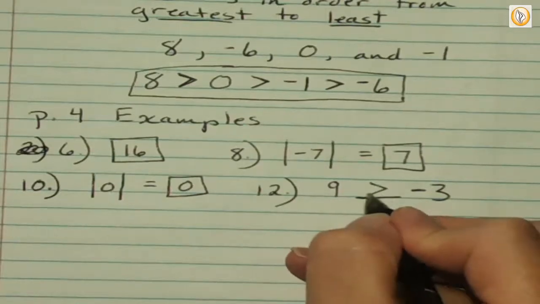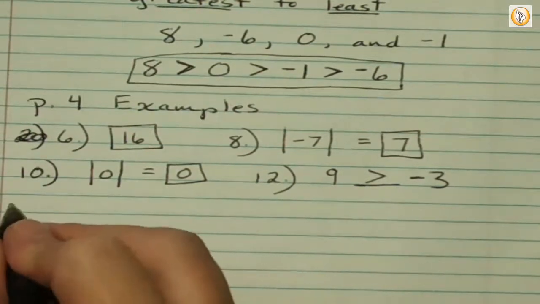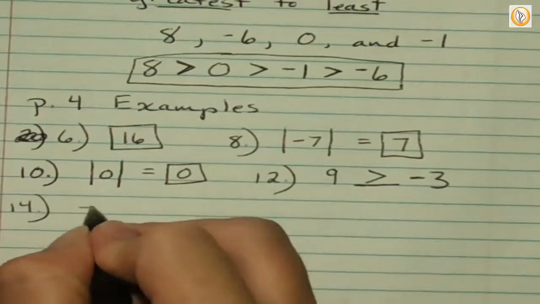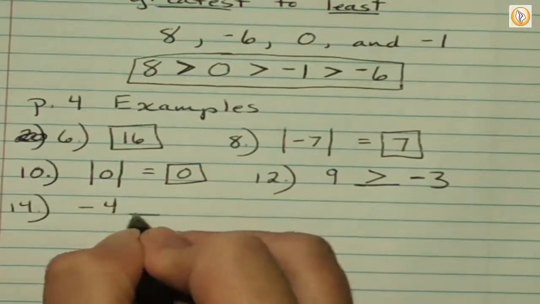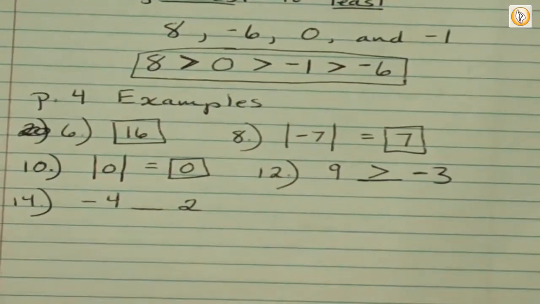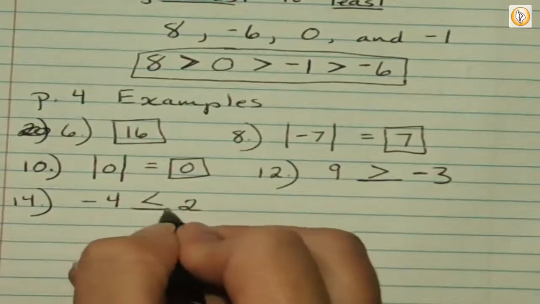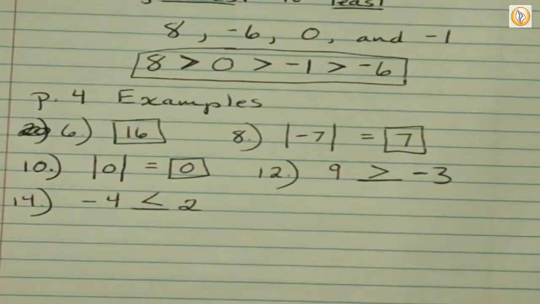Very good, so your answer is greater than. You don't have to box that. 14, we have negative 4 compared to positive 2. Madeline. 2 is greater, so negative 4 is less than 2. Good job. Any questions so far?